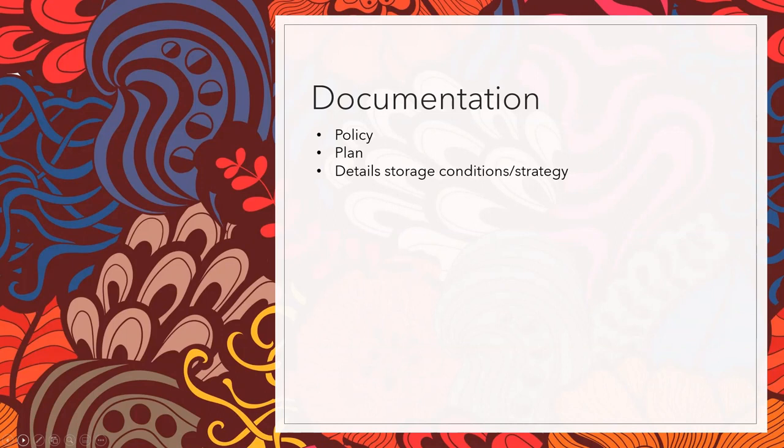So generally speaking, these types of documentation, and especially a preservation plan, are going to detail the storage conditions and other strategies, or guidelines, that an archive will follow when preserving digital records. So, here are preferred file formats. Here's the level of authenticity that we're going to aim for.